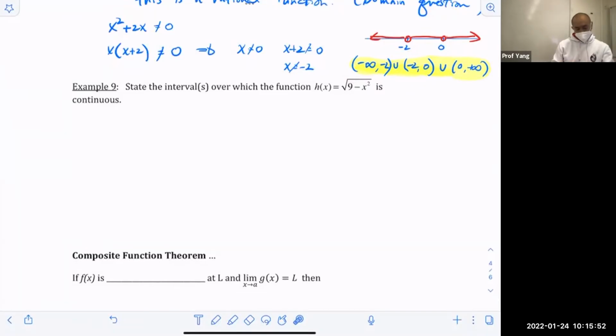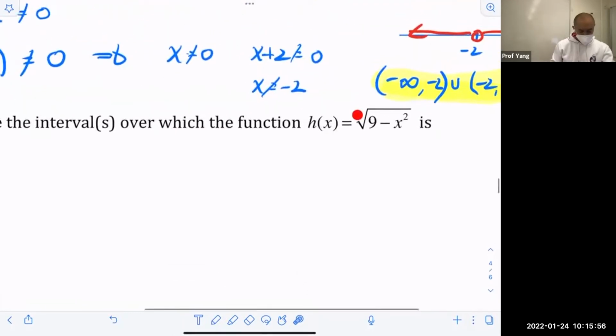This function has a radical, a square root. When they don't put a little number over here, this little number is called the index. If you're talking about the cube root, there'd be a 3. If you talk about the fourth root, there'd be a 4. If there's nothing there, it's assumed to be the square root.